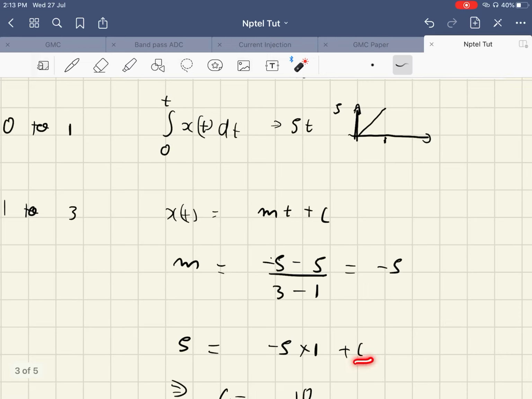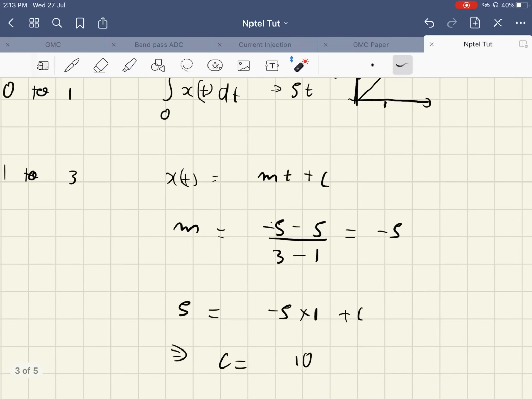And to find the constant, we put the slope minus 5 in this equation, and at t equal to 1, the value of x of t is 5. Hence we plug the values of x and time in the above equation and find the constant, and that comes out to be 10.